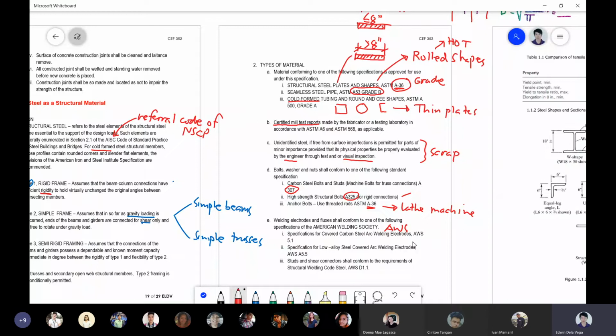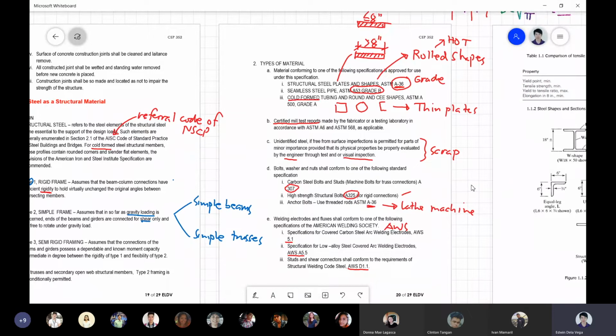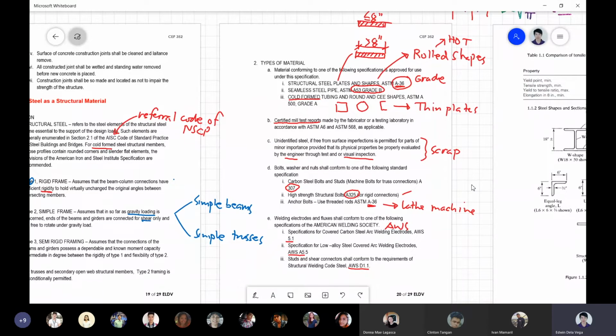And studs and shear connectors which shall conform to the requirements of the Structural Welding Code, still AWS D1.1. So these are the references that you need to look into whenever you are using welded connections. Okay, so just like a referral code of welding specifications.